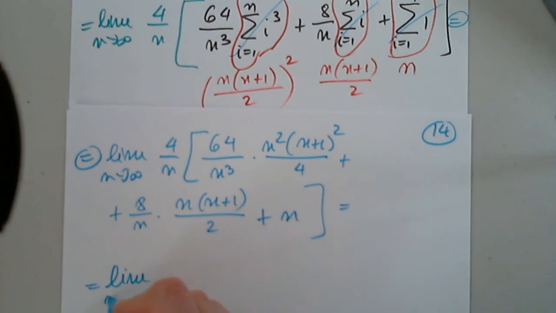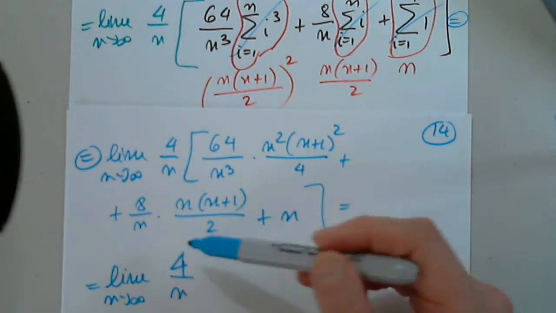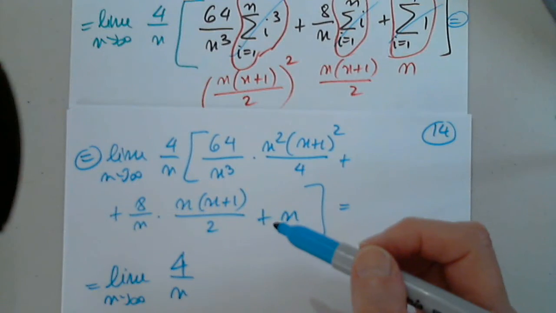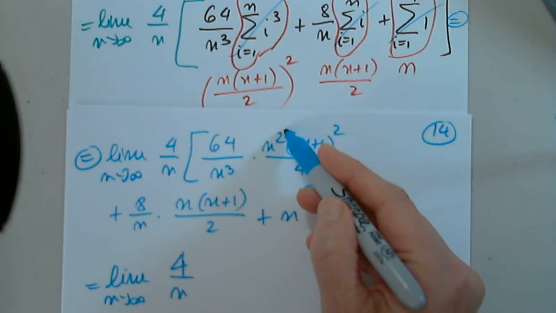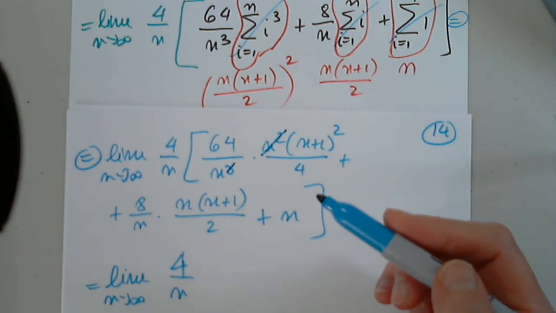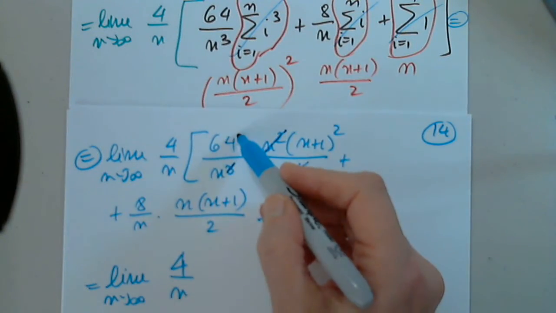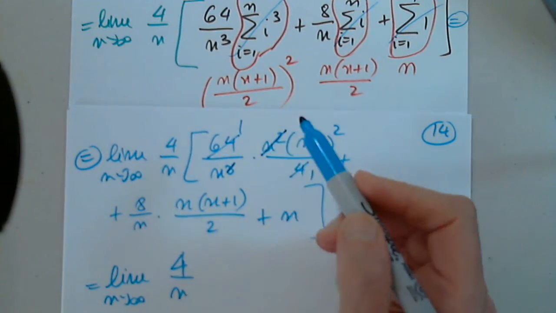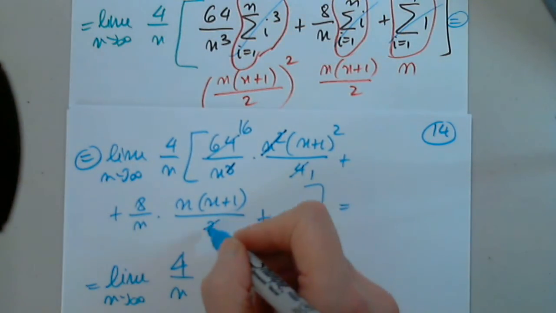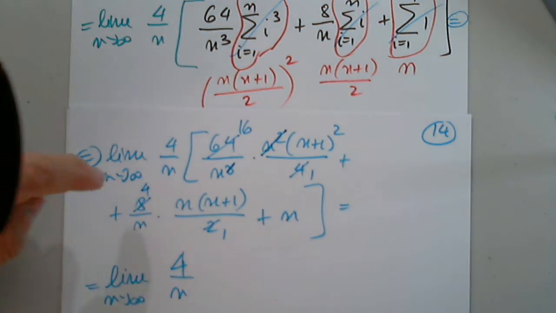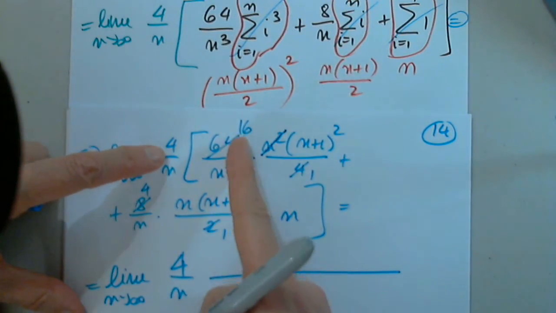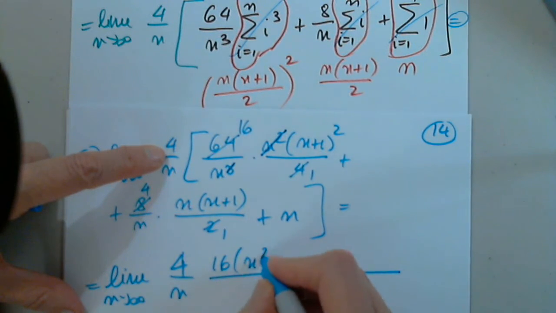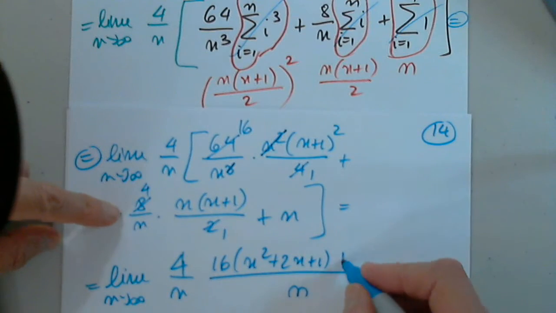So limit as n approaches infinity, 4 over n. Let's see what I can do here. Can I simplify all denominators? Yes, I can, except the n. So we have to keep an n in the denominator. There is no other way. So 2 of these will go with those 2, 4, and I get what? 16, correct. 2, and I get what? 4. Okay, so the least common denominator is n. 16 times this squared, 16 times n squared plus 2n plus 1, plus.